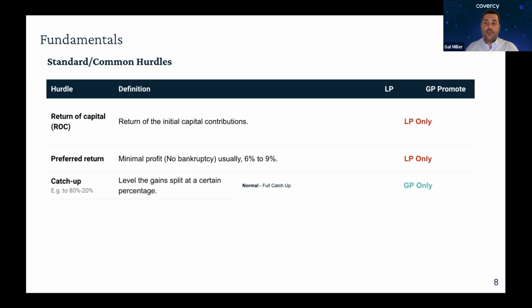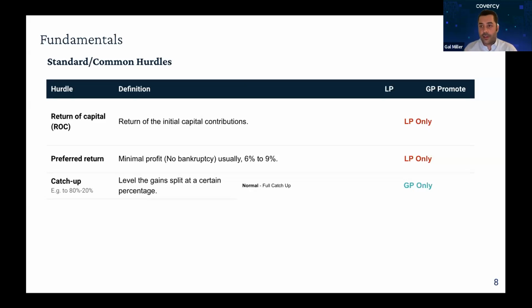So to level our gains, our GPs, with the funds already distributed to the investors as part of the preferred return, we need a catch-up hurdle, also called a tranche, that will go 100% to the GP until the distributions are leveled at an 80-20 point.